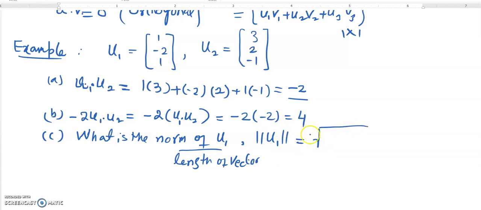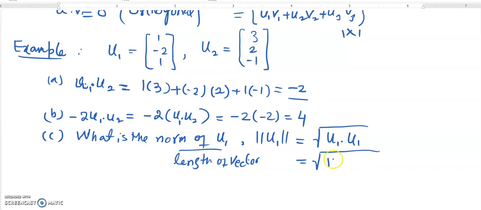The length of any vector is the square root of that vector dot product with the same vector, u1 dot u1, and then taken by the square root. So u1 dot u1 means we take the components of u1 and square them, add them together, and then take the square root.